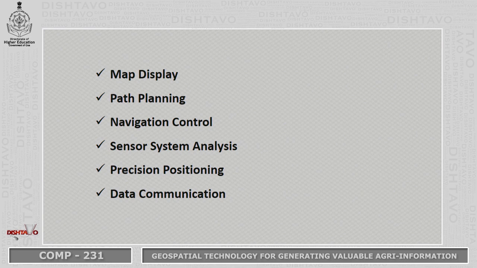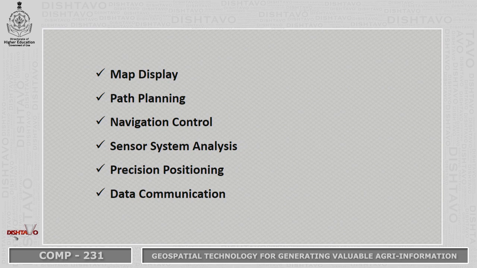So precision positioning helps the farmers to identify the various zones where the exact lacking of the required input can be provided by this entire system.